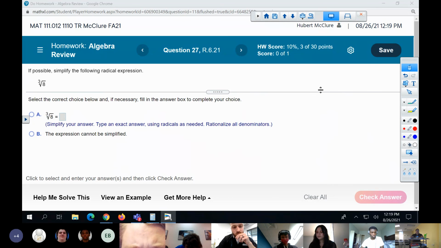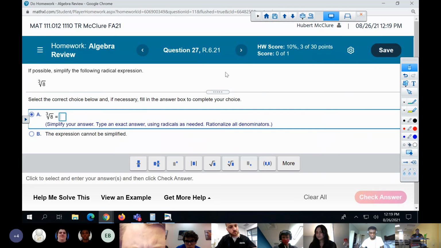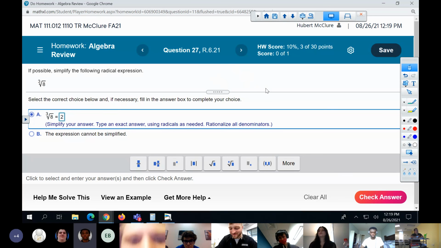Come on, people. It's not hard. Can't be simplified. No, the cube root. What am I saying? Cube root of 8. 2. What's 2 times 2 times 2? Not the square root, the cube root. It looks like a 5 on my screen.